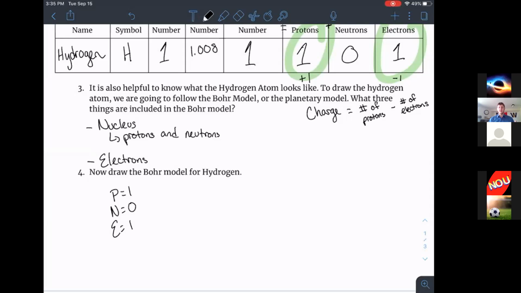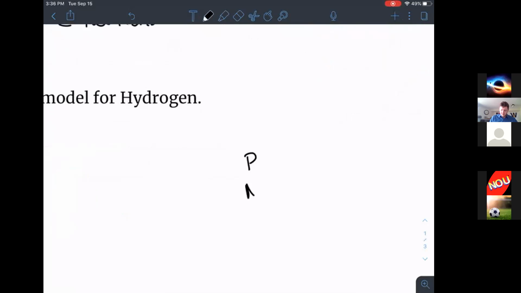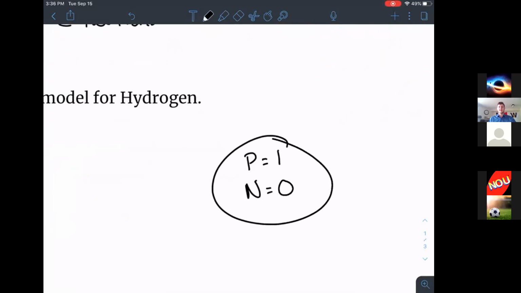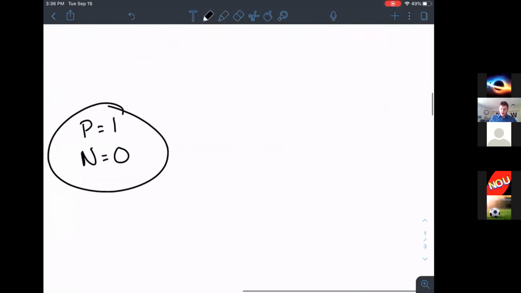The first thing we're always going to do is take our 2 things that go inside the nucleus and draw that nucleus first. So I'm going to put protons and neutrons in a circle in the nucleus. This is my nucleus, and I'm going to label that I have 1 proton and 0 neutrons. We could go farther if you really wanted to and draw positive charges and zeros to count them as protons and neutrons.